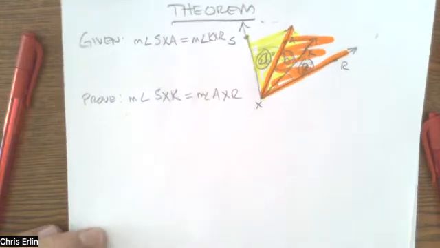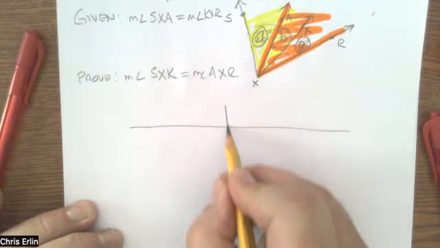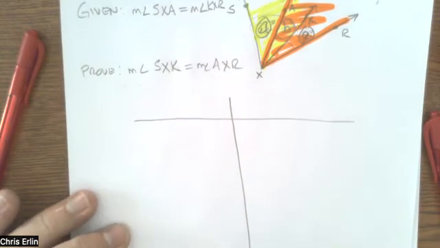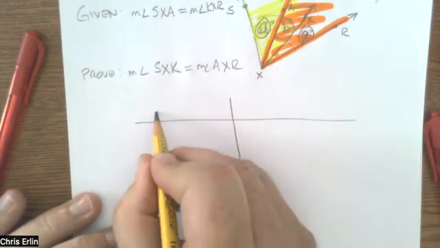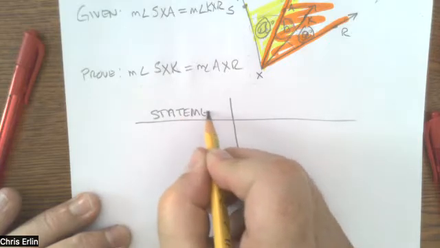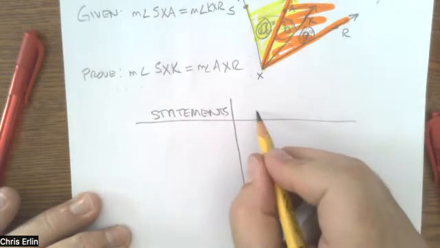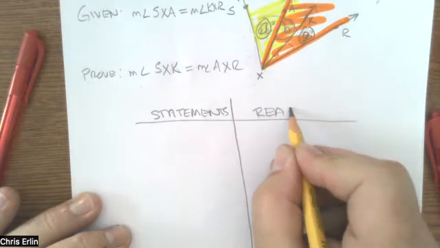So we've got a structure called a 2-column proof to help you model this, to show that it's true. And in our 2-column proofs, what you're always going to find is that we're going to have statements here. And what goes over here? Reasons.